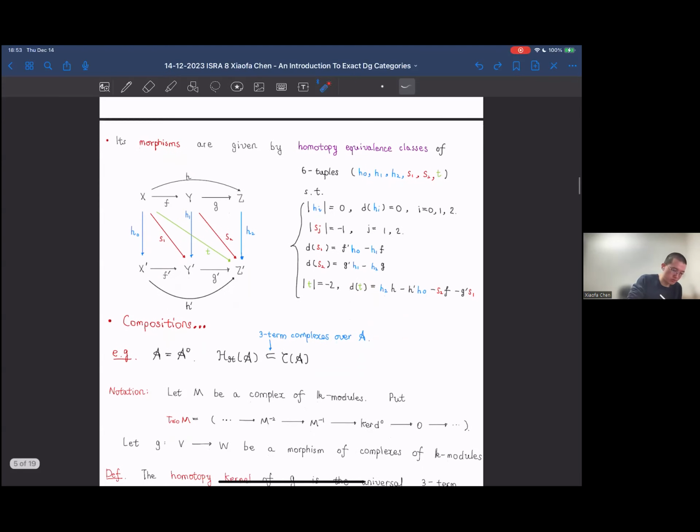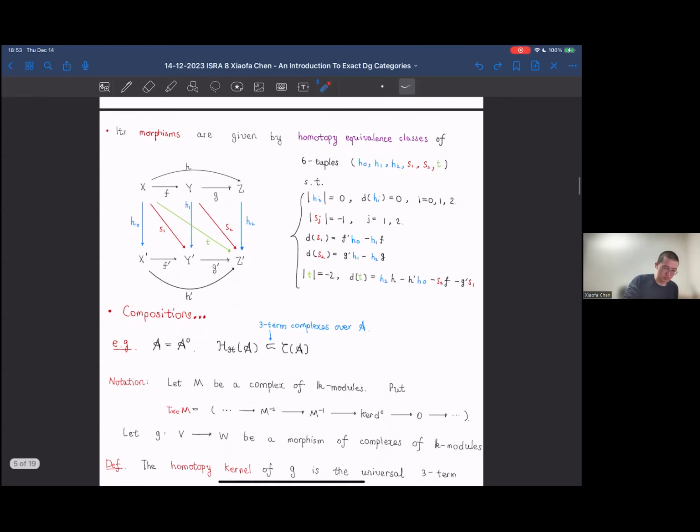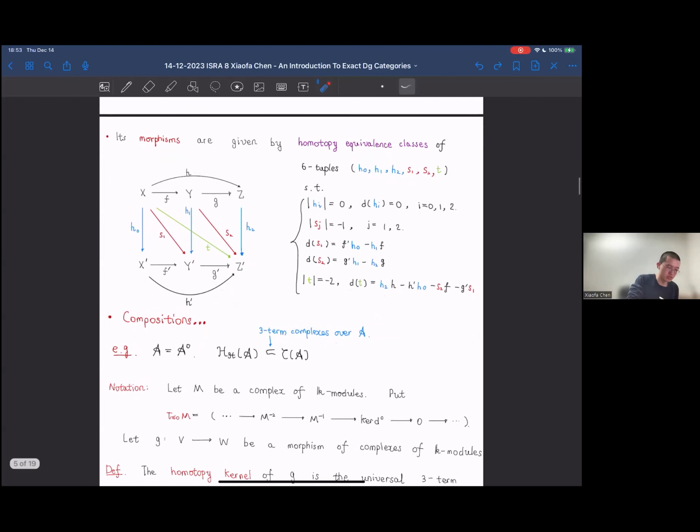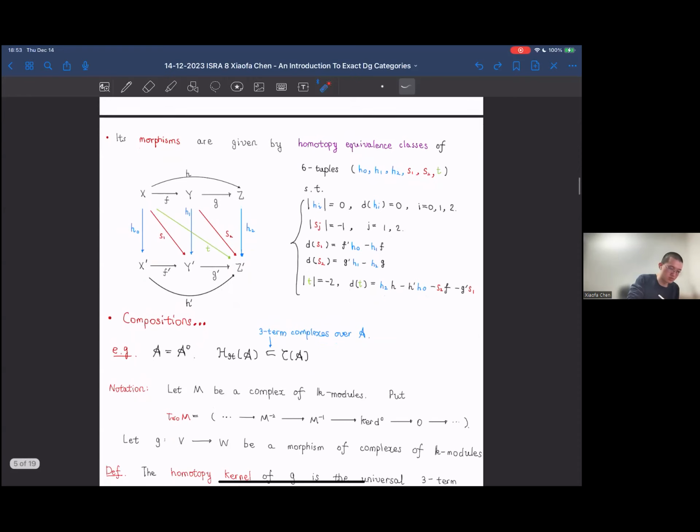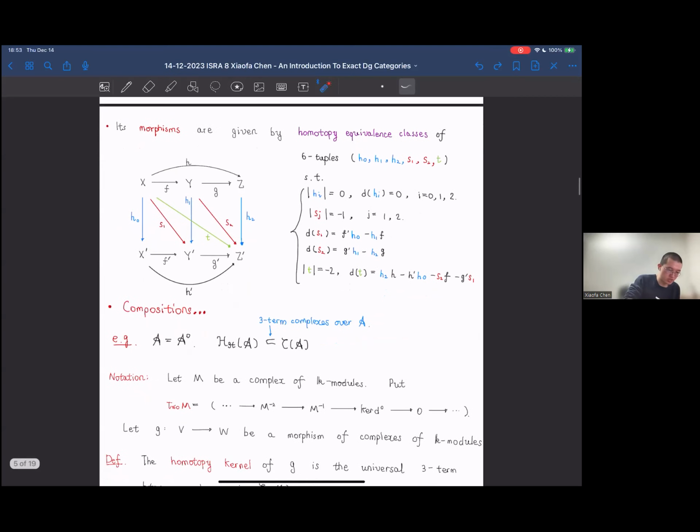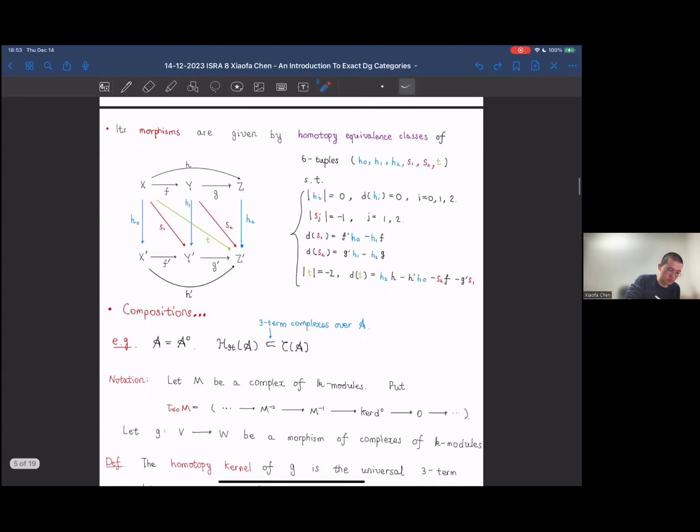So we also have compositions. At the level of H it is just the composition in the DG category, but it will become complicated for S and T, the composition of S and T. And a special case is when the DG category A is concentrated in degree 0.